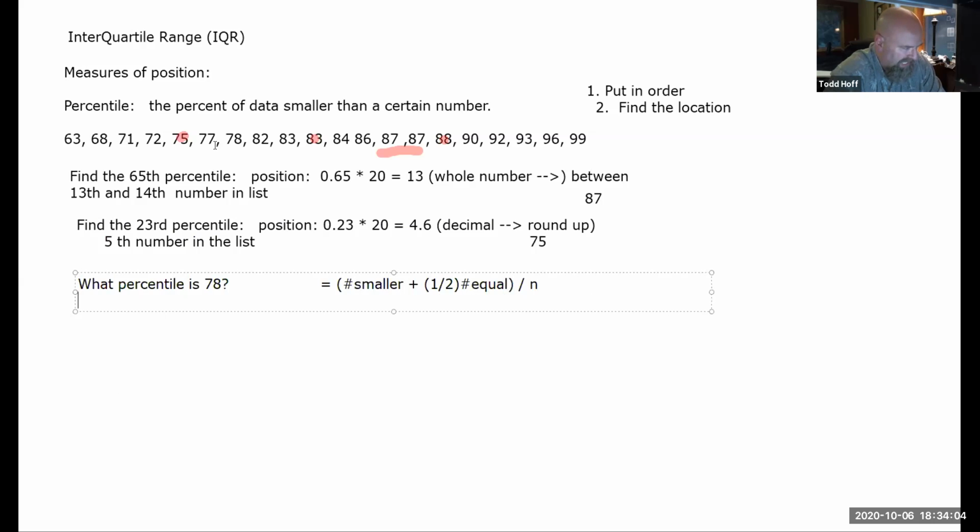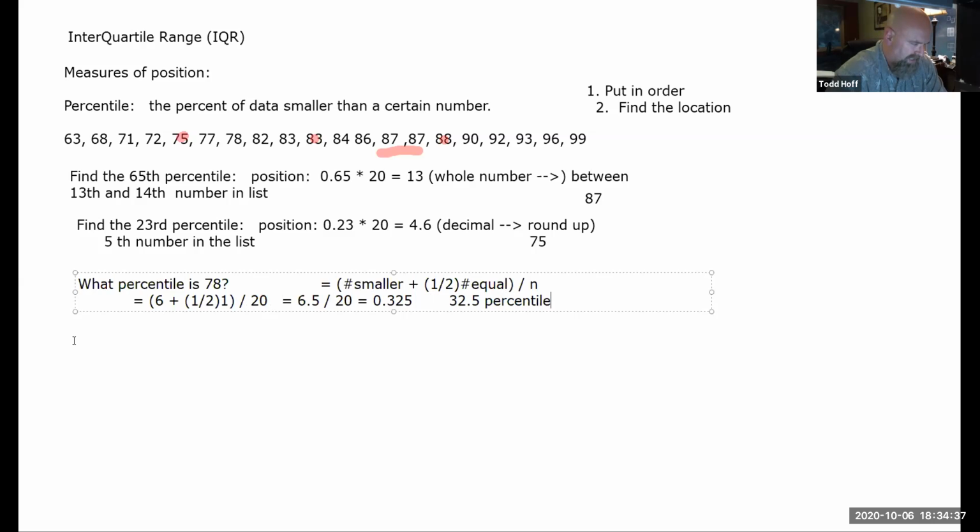So for 78, there are 6 numbers that are smaller, plus 1/2 times, there's only one 78, so there's one number equal, divided by n of 20. So 6 plus 1/2 times 1 is 6.5, divided by 20, which gives us 0.325. So that's the 32.5 percentile.